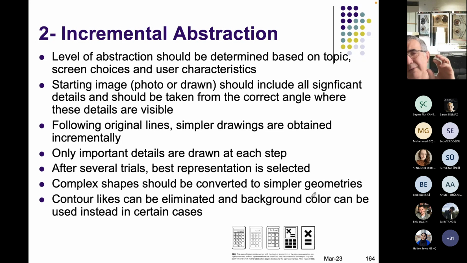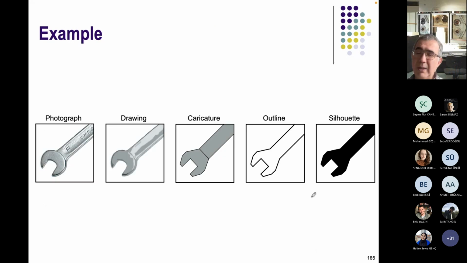So it's not a photograph of the object, it's a caricature kind of fundamental parts of the object. So this is how you make the incremental abstraction. You start from the photograph, you move to drawing, and you move to caricature, and that will be sufficient to explain abstraction.